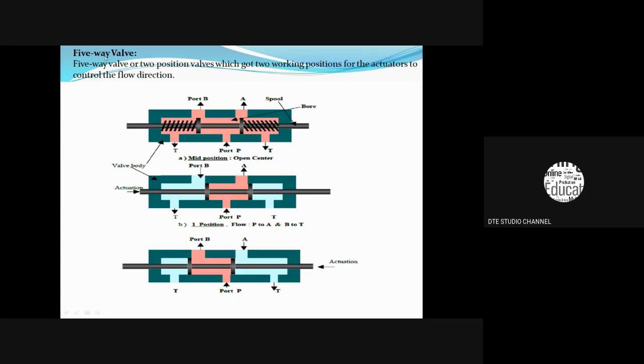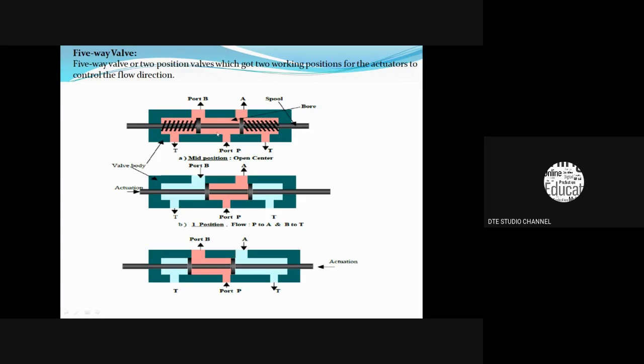That's why it is a five-way valve. We can have two positions or three positions for changing the direction of flow of fluid in an actuator. That's why five-way DC valves are again classified into 5x2 DC valve and 5x3 DC valve.